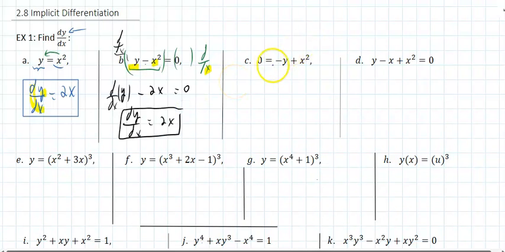Or I could have moved everything to the right side, and when I take a derivative of the right side, that's a 0. When I take a derivative of this side, again it's d dx. Since that's not matching, the negative you ignore. That's d dx of y plus 2x. And you could move that over, and you get the same thing.